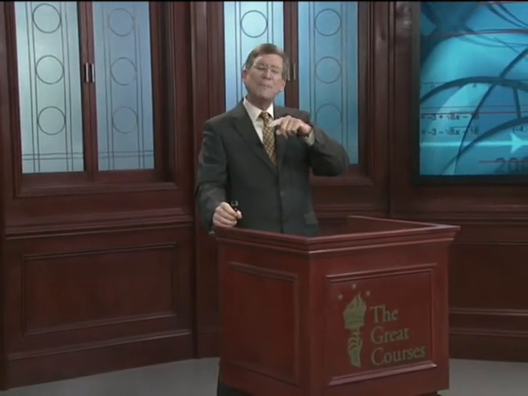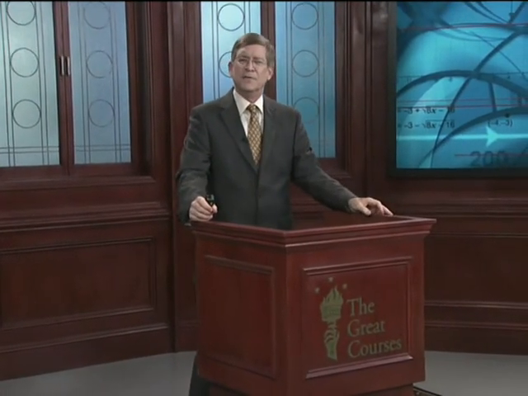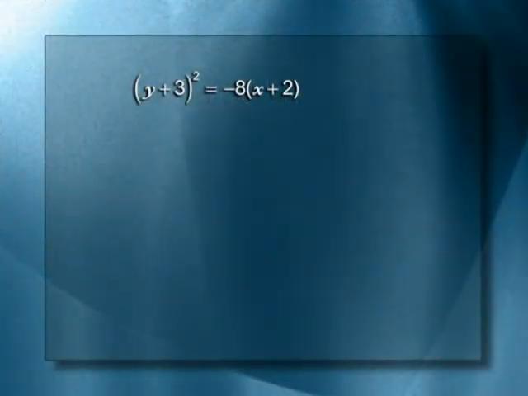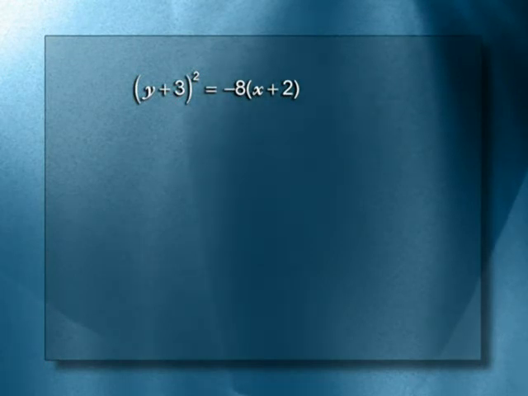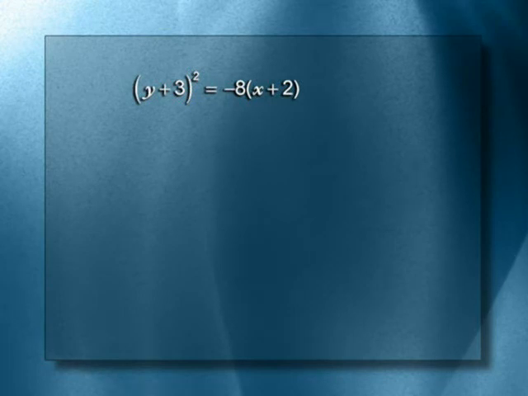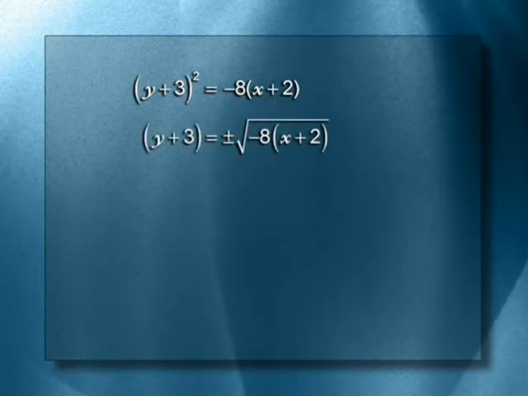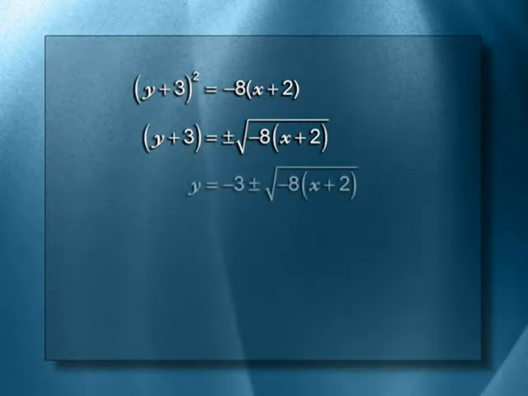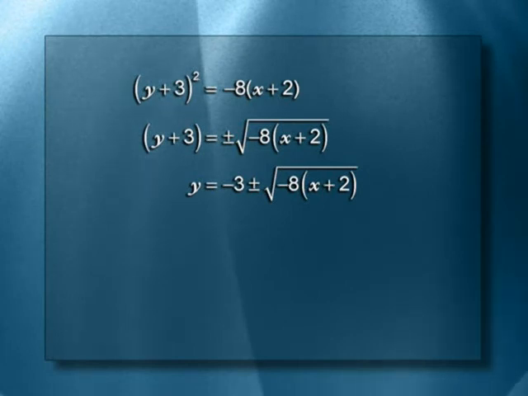Well, you can break this into 2 pieces, the upper part and the lower part of this parabola. So let me show you how you do that. Take the y plus 3 squared equal, and I'll multiply it back out again to be minus 8 times x plus 2. Take square roots of both sides. So y plus 3 is plus or minus the square root of minus 8 times x plus 2. And then bring the 3 to the other side, and you get y equals minus 3 plus or minus that radical.